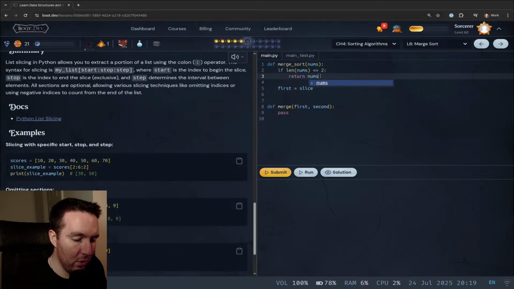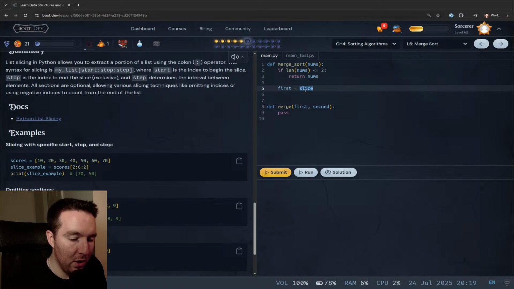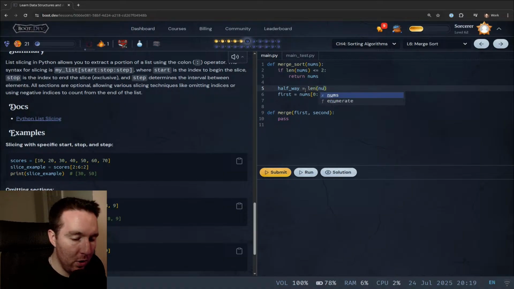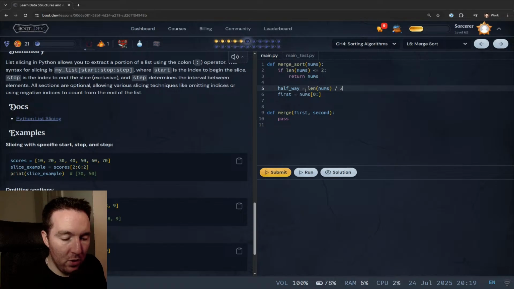It's going to be nums, from 0 to halfway, where halfway equals the length of nums divided by 2.